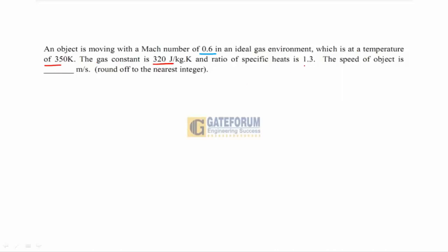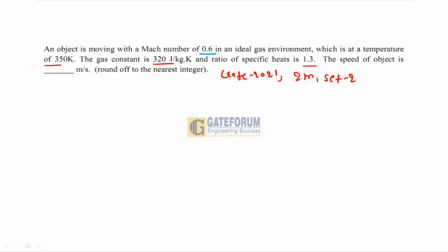The ratio of specific heats is 1.3. The speed of the object is ... meter per second. Round off to the nearest integer. Yes, this question was asked in GATE 2021, having weightage of 2 marks, asked in the set 2 paper. Is it clear? And yes, this question is very easy, my dear friends.